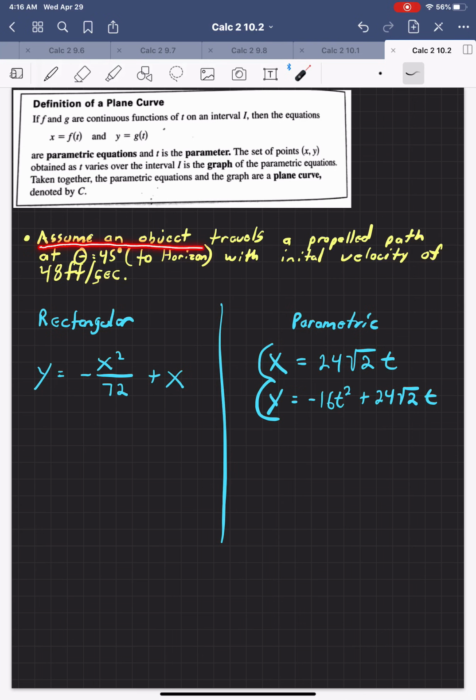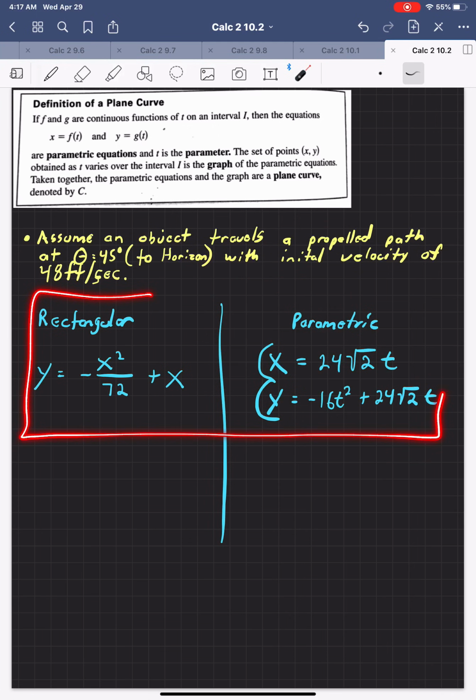So let's assume that an object travels some type of propelled path, right? You throw a rock. Now, you got a 45-degree angle that you threw your rock, and you had an initial velocity of, let's say, 48 feet per second. Now, let's just assume, and I offer both of these equations to you without elaboration, that you could model that word problem in either rectangular or parametric.